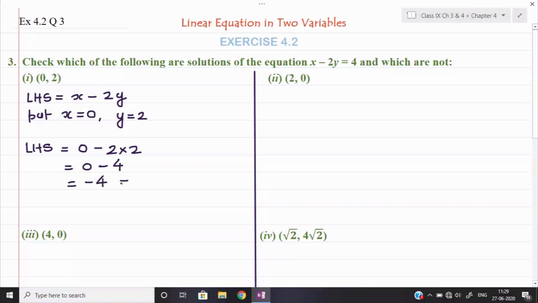Now you observe it is not equal to the right hand side. The magnitude is the same, we are getting 4 but we are getting minus 4, and as per the right hand side given in the equation we require plus 4. So we can say that therefore (0, 2) is not a solution of the given equation.